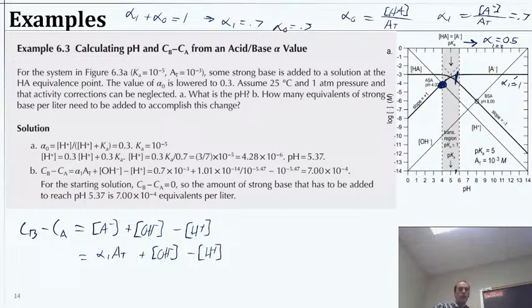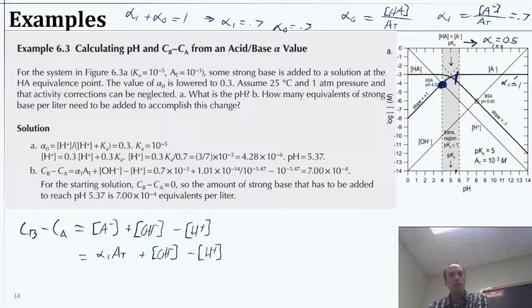Now, the other thing we could do is take a more mathematical approach and see if we can put in those numbers. So I was thinking about the CB minus CA equation, which we know is A minus plus OH minus minus H plus. Perhaps we can get this in the form of H plus. We're asked, first of all, what is the pH?